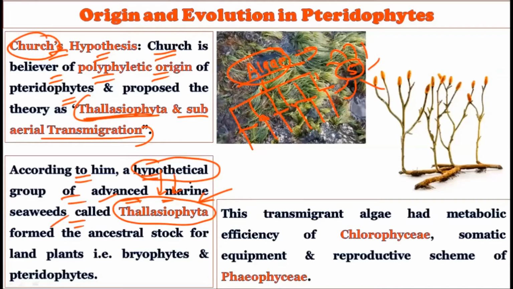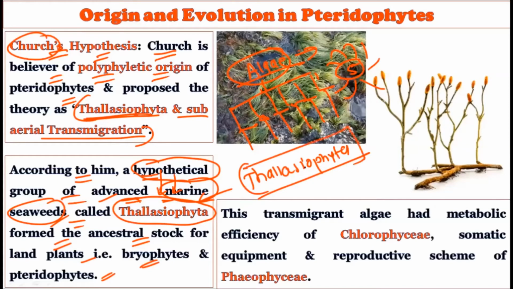This Thalassiophyta is a group of marine seaweeds, and it is the ancestral stock for the land plants, that is, the Bryophytes and the Pteridophytes. So there is an imaginary group called the Thalassiophyta, and it acts as a reserve group for the creation of the Bryophytes and the Pteridophytes. That is, it is an ancestral stock for the creation of Bryophytes as well as Pteridophytes.